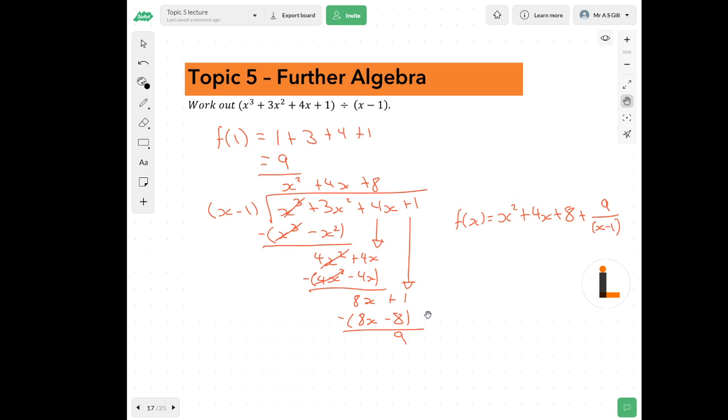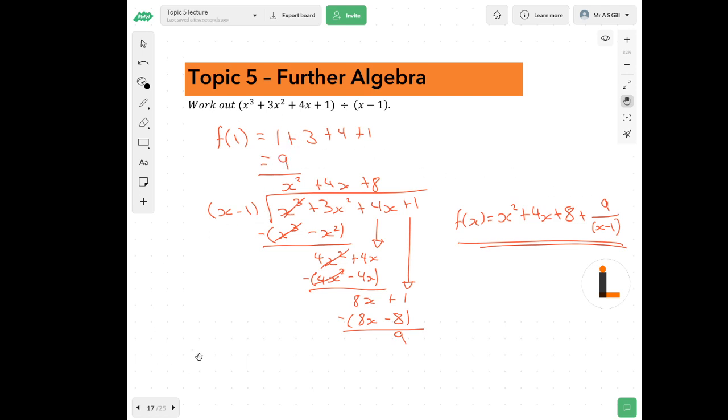If we were doing 8 divided by 3, for example, we'd get a remainder of 2, and we'd put that over 3, so we'd get 2/3. It's exactly the same. We take the remainder and put it over what we are dividing by, which is x minus 1. So we can rewrite f of x like that, and we see that remainder occur here.